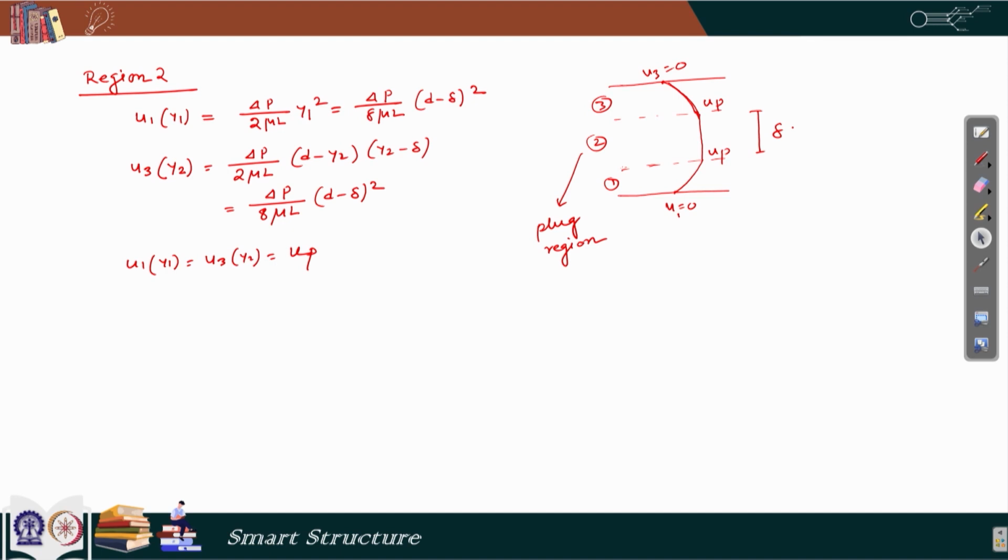Now, to do that, first we solve the governing differential equation once again in terms of shear stress, and that helps us doing that.